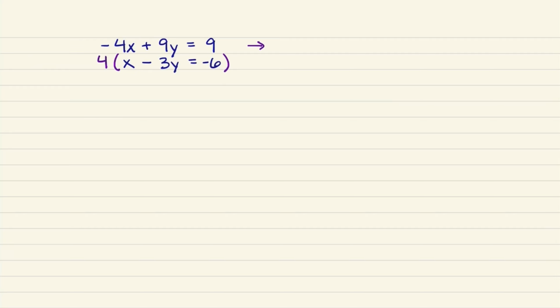So we'll write our new equations over here. The bottom one is going to be 4 times x is 4x, 4 times negative 3y is negative 12y, and 4 times negative 6 is negative 24. The top equation stays the same.